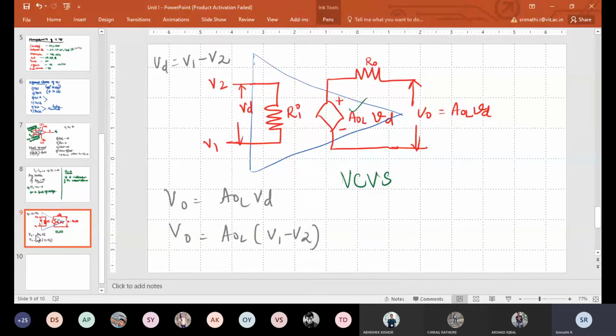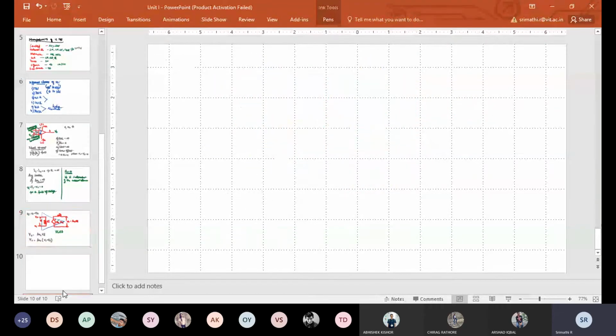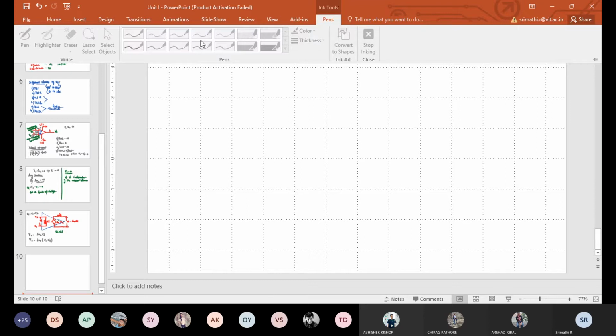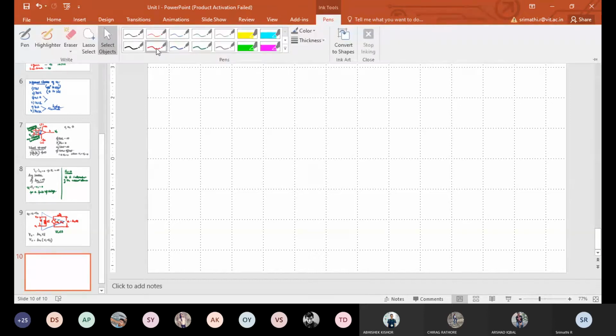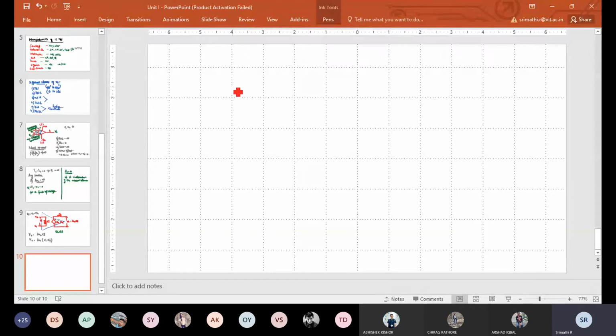For an open loop circuit of an op-amp, I'll be applying a voltage of V2 and then a voltage of V1.